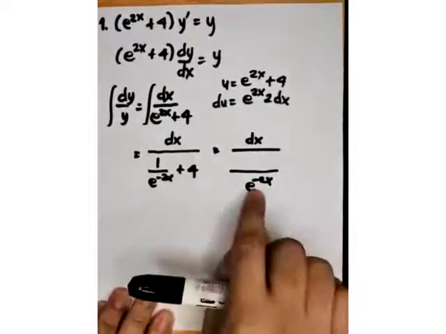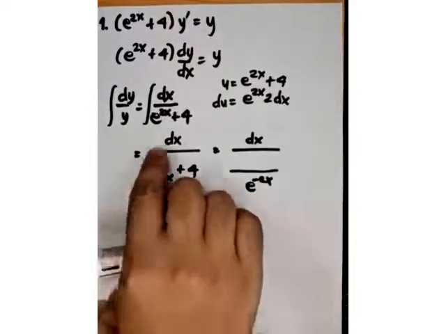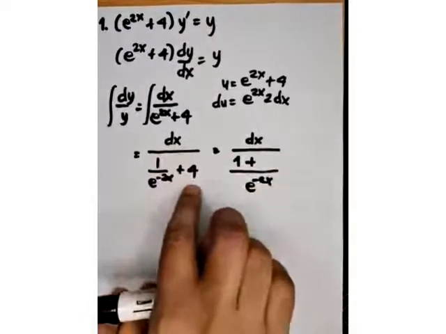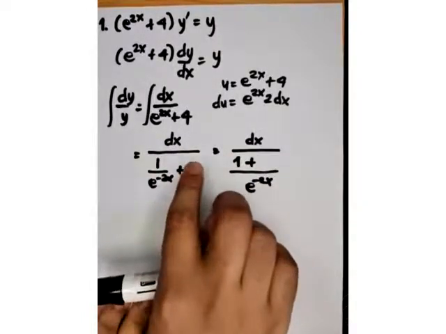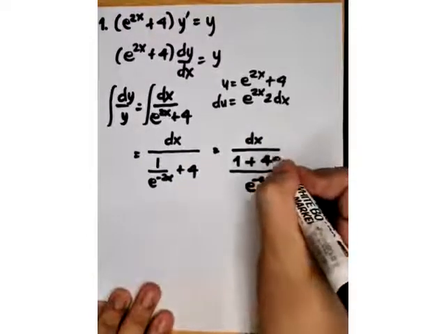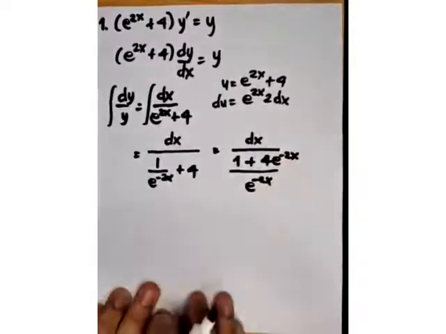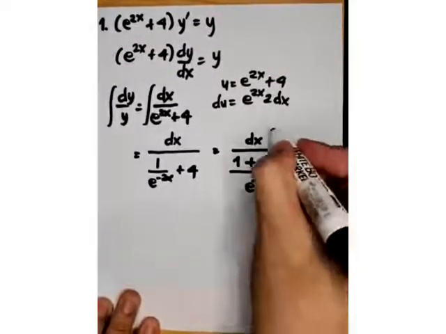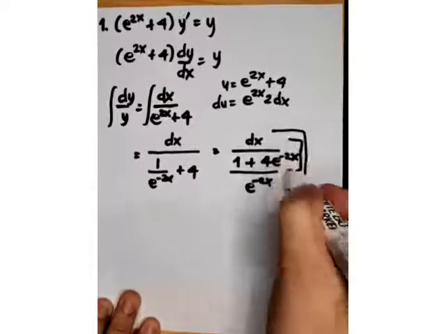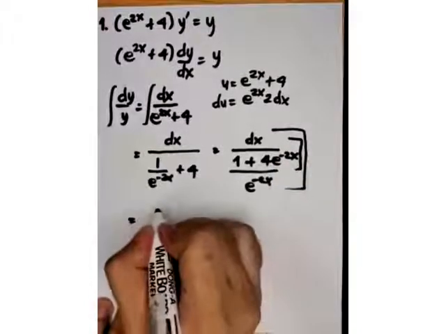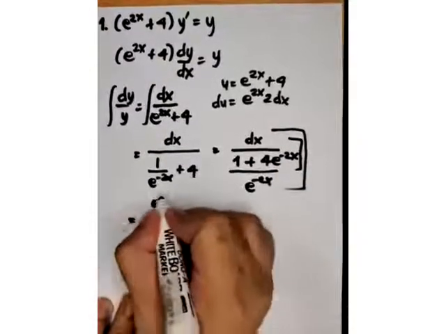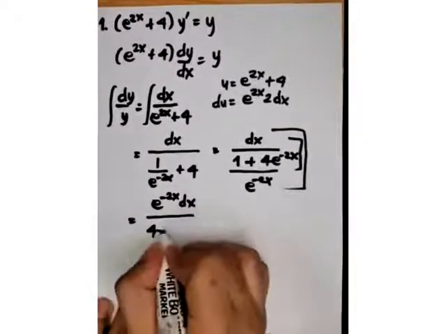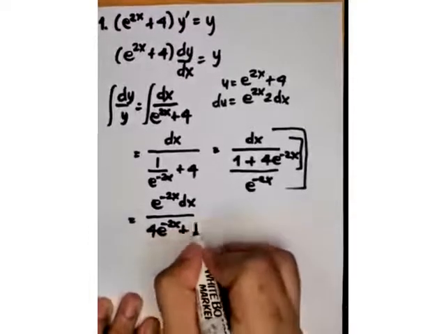Then e raised to negative 2x divided by this, which is 1 times 1, so 1 plus 4 e raised to negative 2x. Okay? And then the outer, inner. So that becomes e raised to negative 2x dx is equal to 4 e raised to negative 2x plus 1.